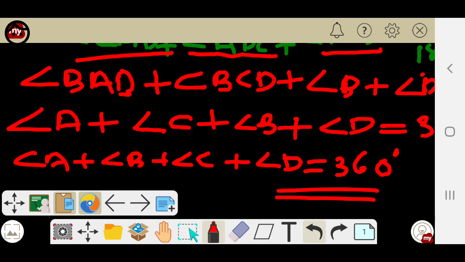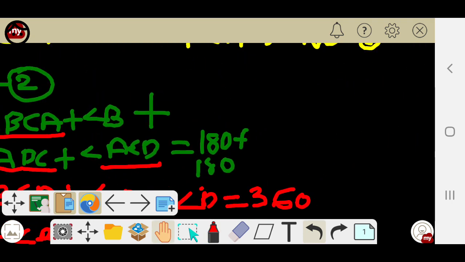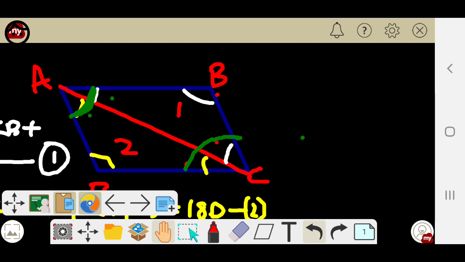Yes. This is a very important property of the quadrilateral. For every quadrilateral, the sum of angles equals 360. This is not only for the parallelogram, but for every quadrilateral. That is known as the angle sum property of quadrilaterals.